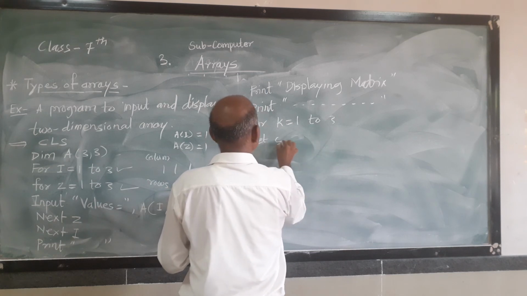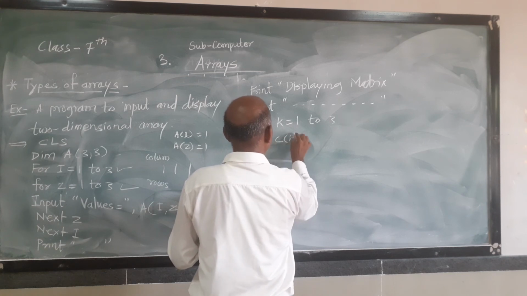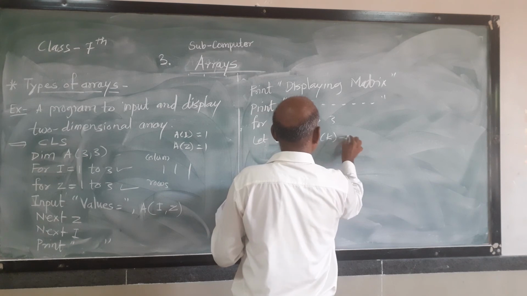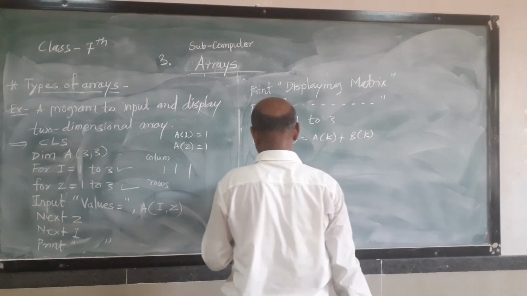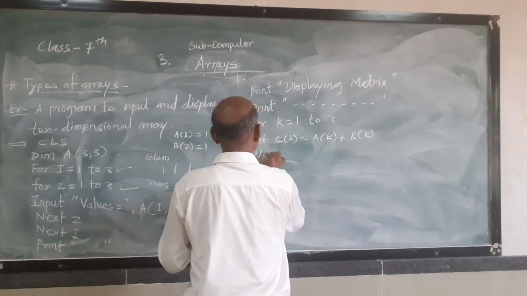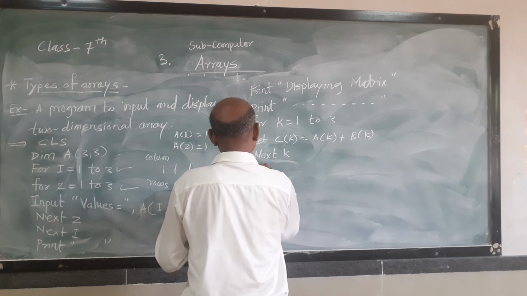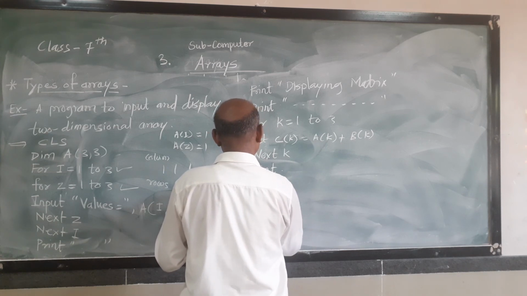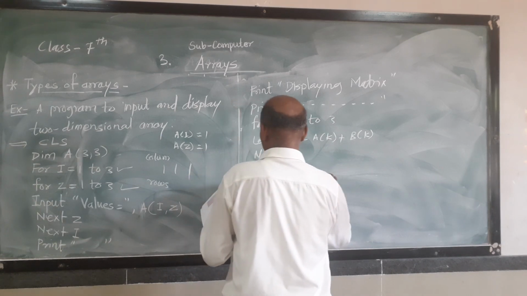K = 1 to 3. LET C(K) = A(K) + B(K). NEXT K. Print, and FOR loop L = 1 to 3.